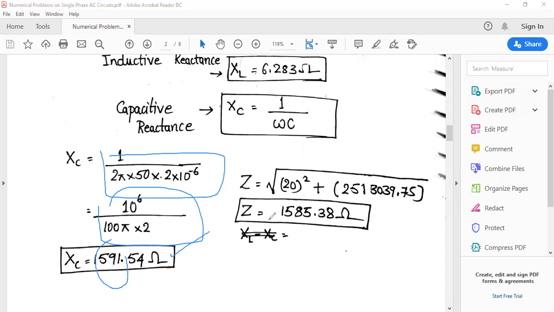Z on the whole can be calculated as root of 20 squared plus XL minus XC the whole squared, and Z on the whole is given as 1585.38.